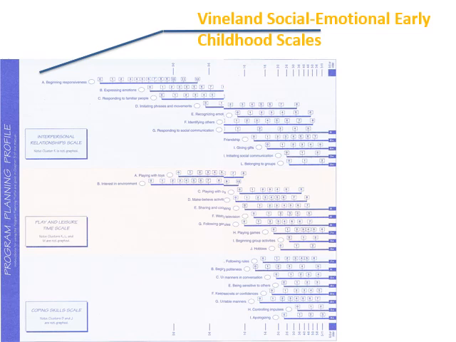What we mean by this is that when you look at the subdomain area of play and leisure skills, it asks a series of questions that are developmental in nature.